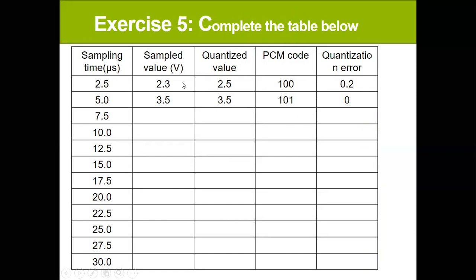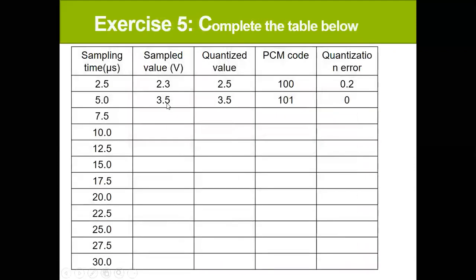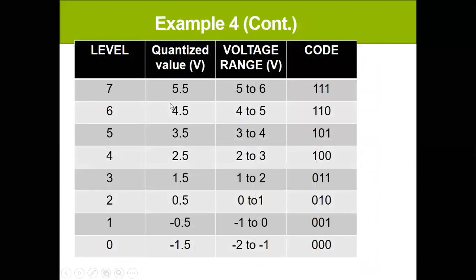Which range does 2.3 fall in? Let us refer to this table. 2.3 is within the range 2 to 3, and the quantized value is 2.5. And 3.5 is in the range 3 to 4, and the quantized value is 3.5. It's level 5.